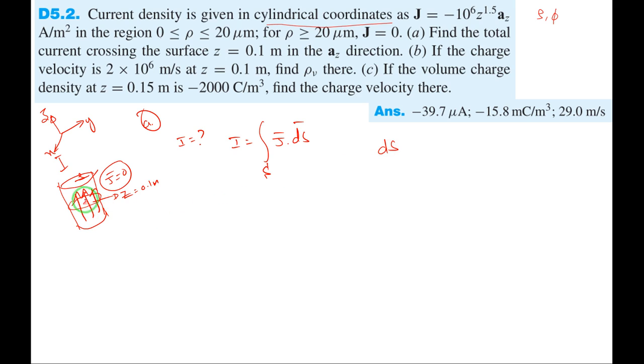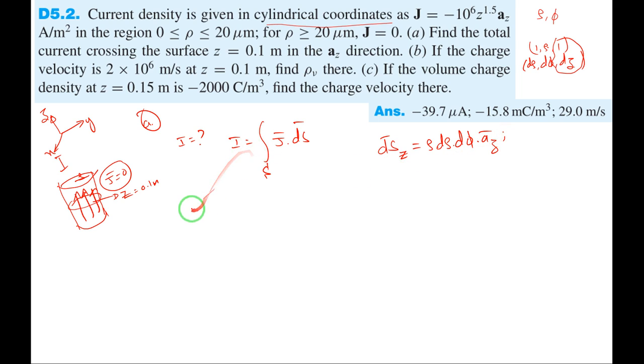The differential surface area is placed at Z equal to 0.1, so in the Z direction we have to take ds along Z. In cylindrical coordinates, 1, rho, 1 are the scale factors and the differential elements are d rho, d phi, dz. But we want the differential surface area along Z direction, so leave dz and multiply the other things: rho d rho d phi into az.